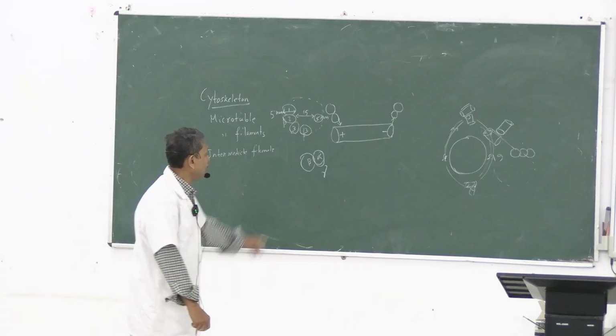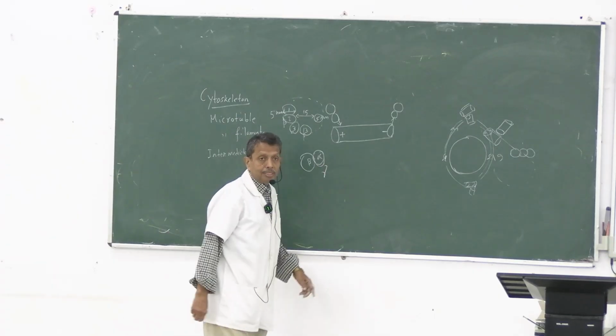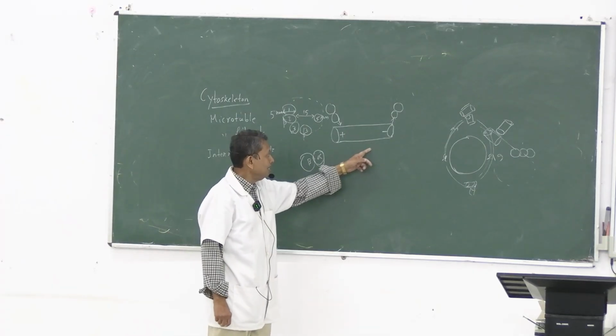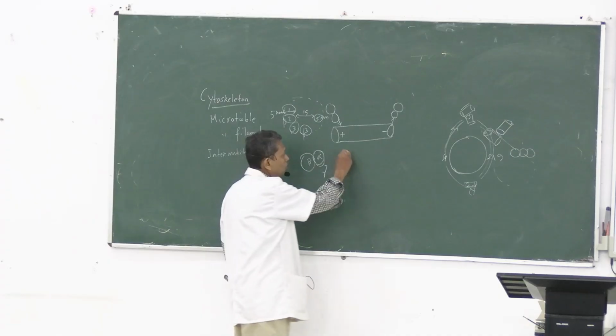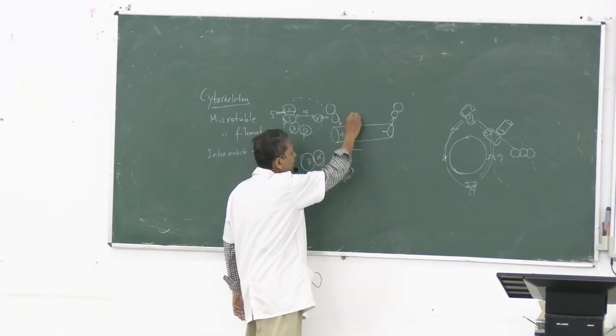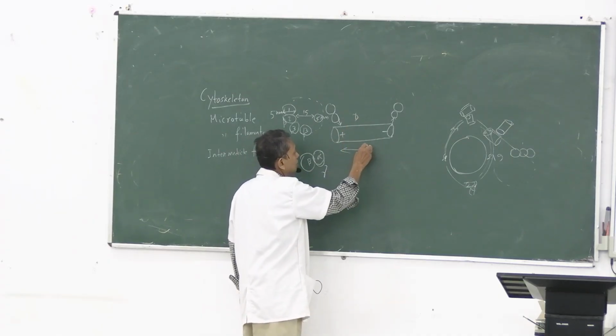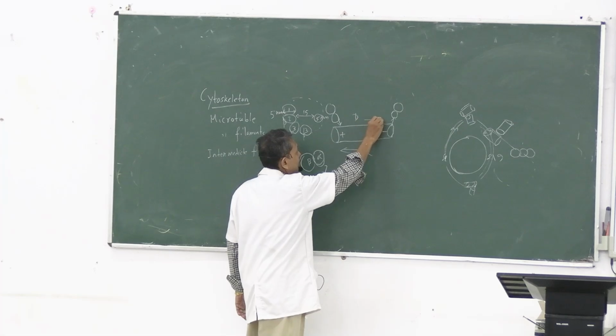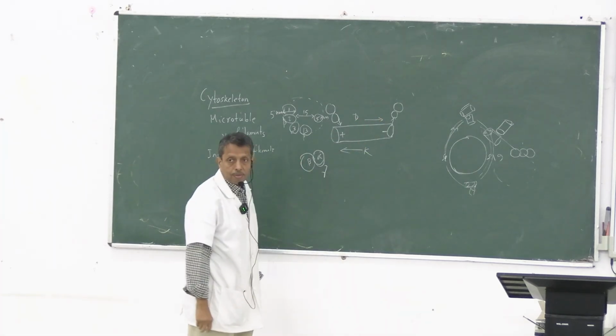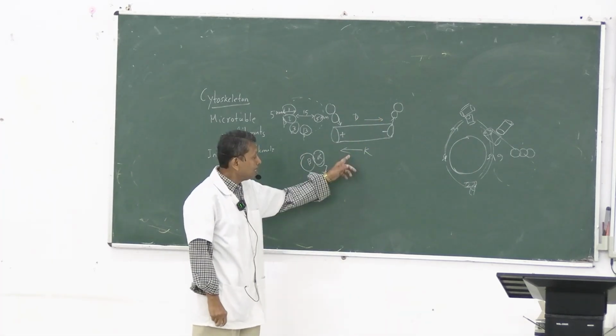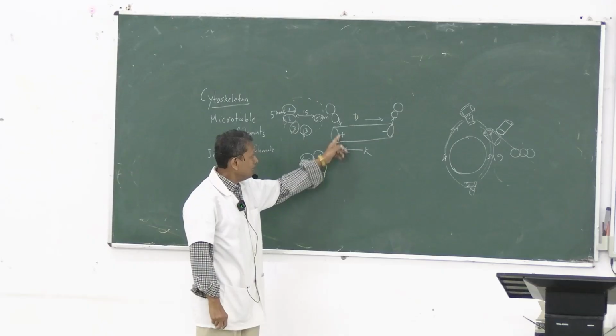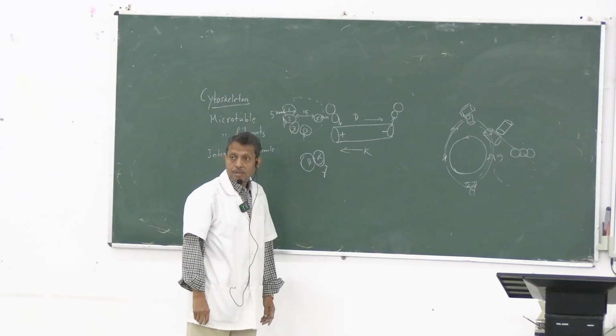They have a plus end and a minus end. Some molecular motors like kinesin move the cargo to the plus end, and dynein to the minus end.